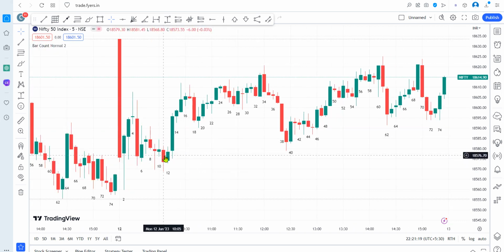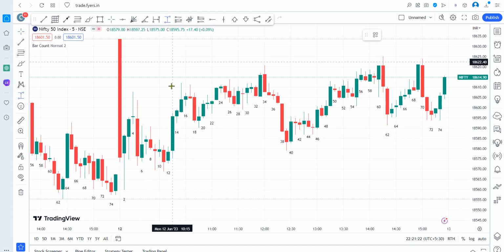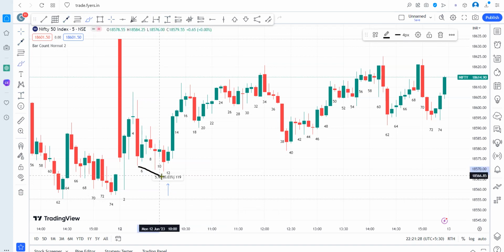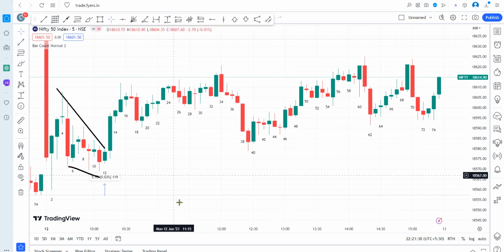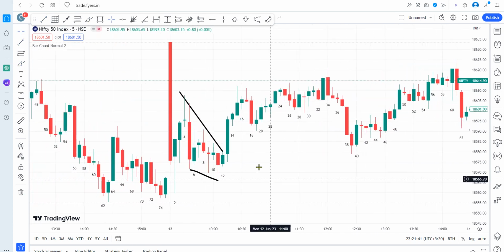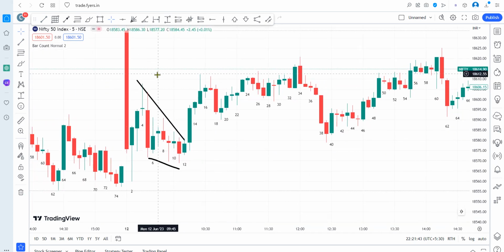Now the 12th candle is very important. Why? This is a wedge.